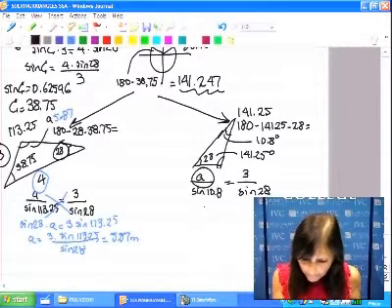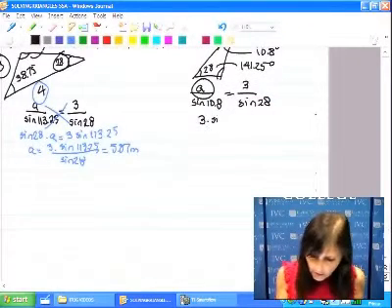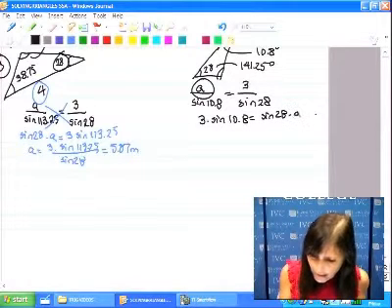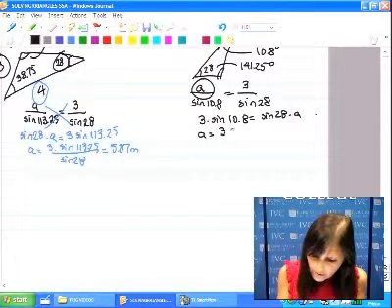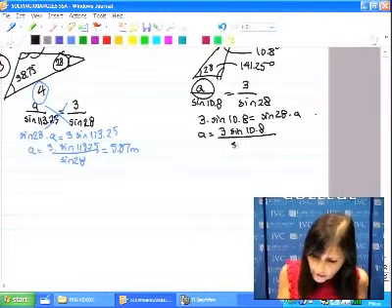So I get 3 times sine of 10.8 equals sine of 28 times a. So a is going to be 3 sine 10.8 over sine of 28.